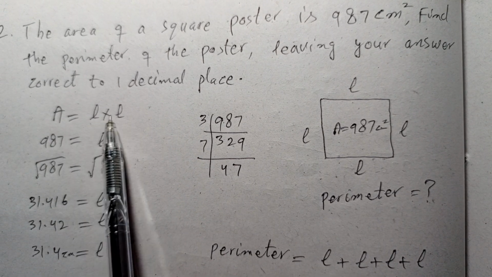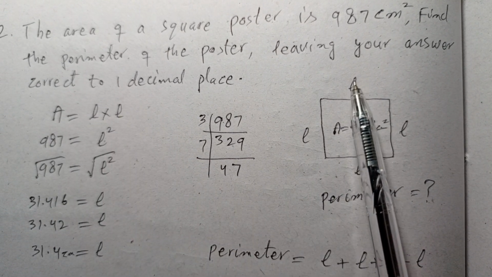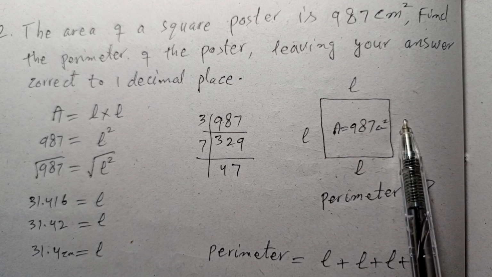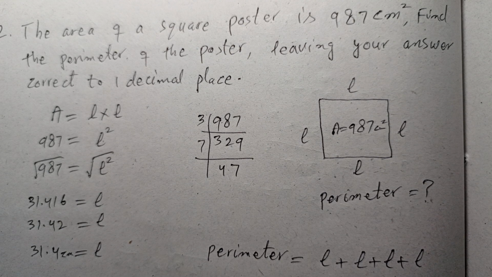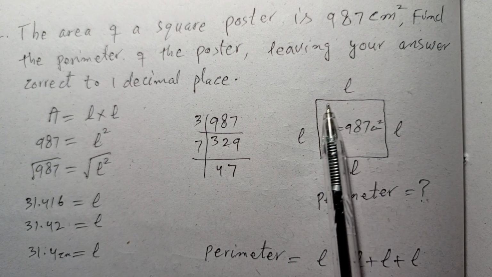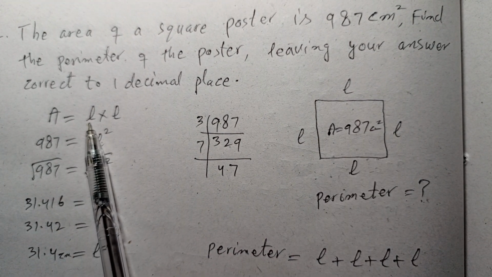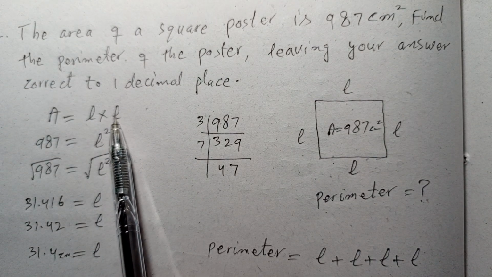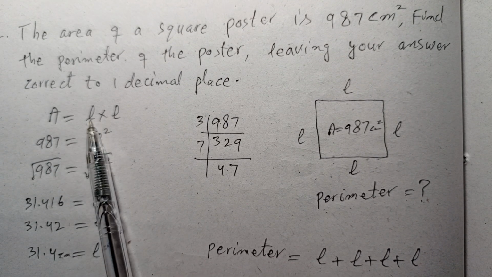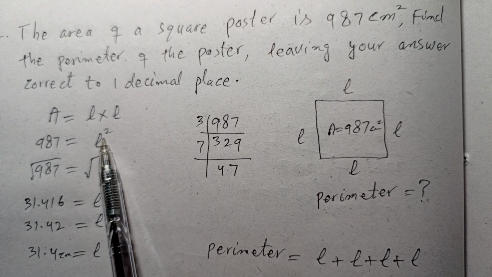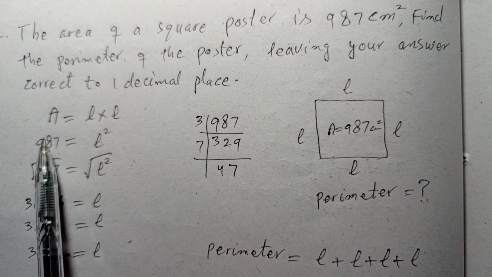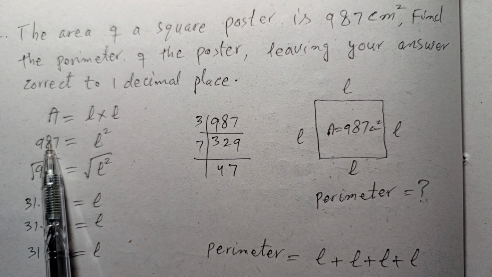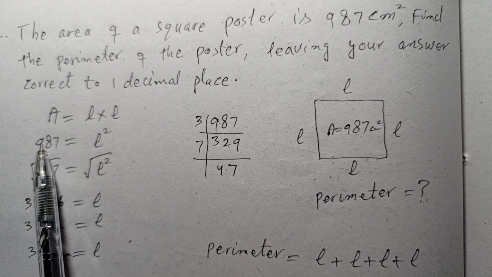So area is equal to L multiplied by L. If we multiply any two of these lengths, you will get the area of this whole field. So L multiplied by L is the formula of area. L multiplied by L will become L square, and area is given here as 987. I have written 987 for our area.